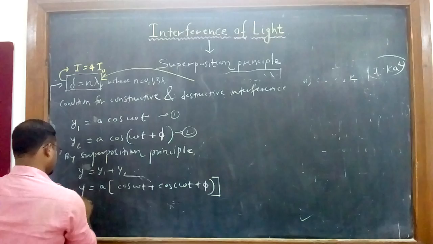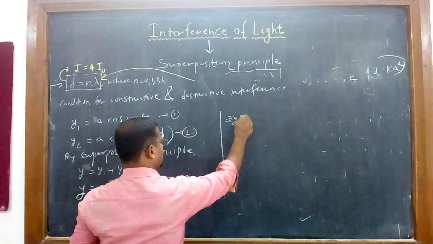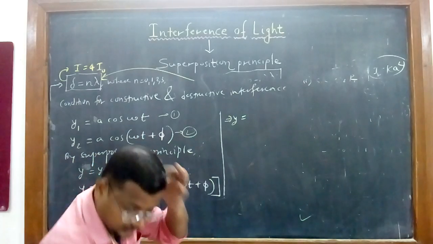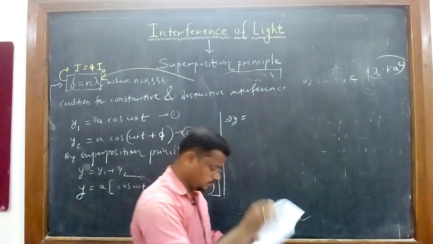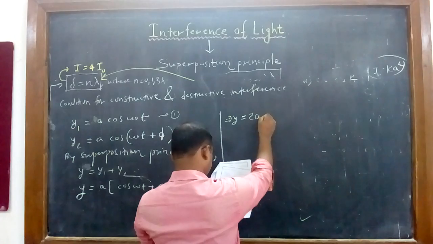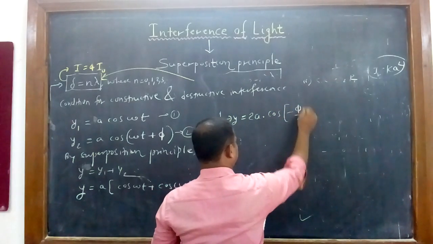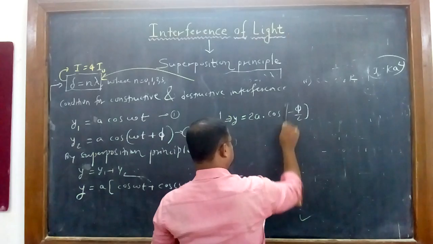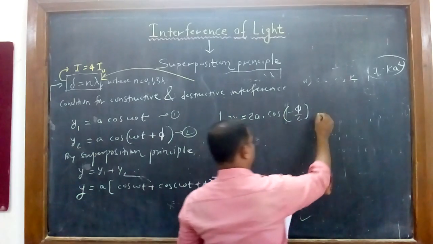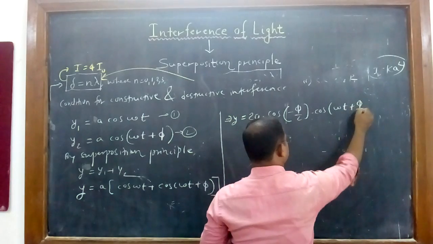Right, this is the expression for y. Now this implies y is equal to, I have to apply the formula now. I will copy as it is because I don't want to waste my time writing this. It is 2a times cos of minus phi by 2 into cos of omega t plus phi by 2.